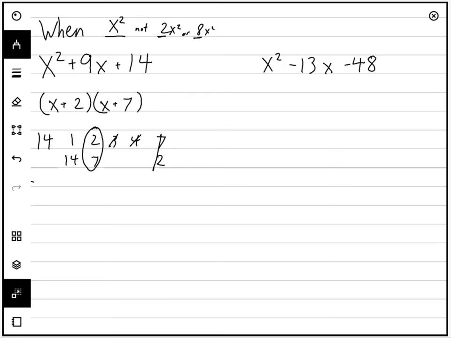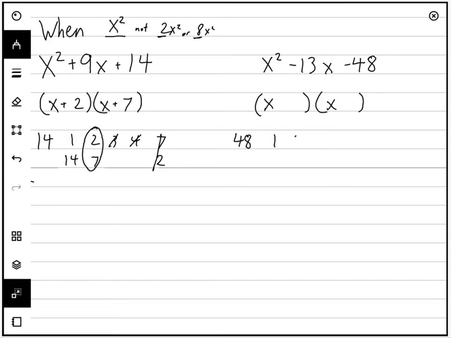Okay, so another example. Over here we have x squared minus 13x minus 48. So it's going to go into the same form, something times something. And since we're just dealing with x squared, it's going to be x plus or minus something times x plus or minus something. Just like before with the 14, we're going to bring down 48 and figure out the different factors for it.